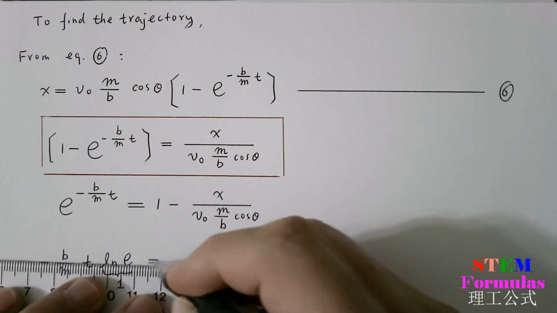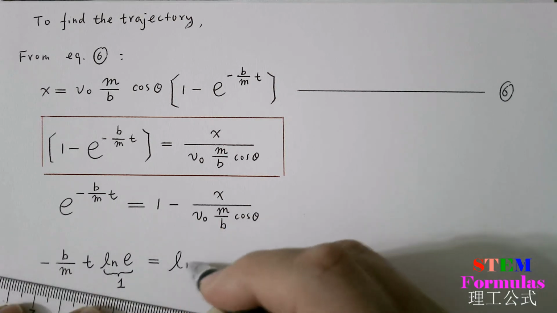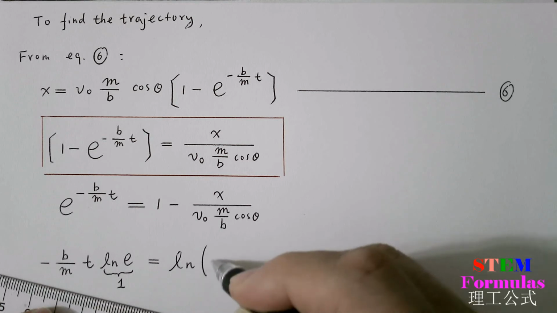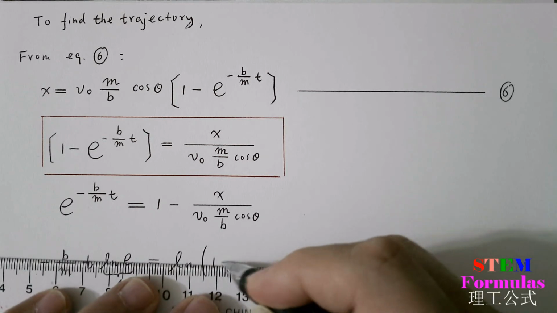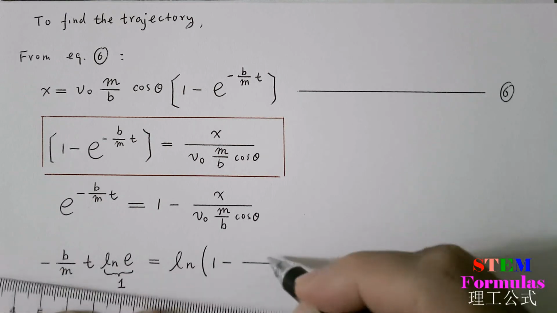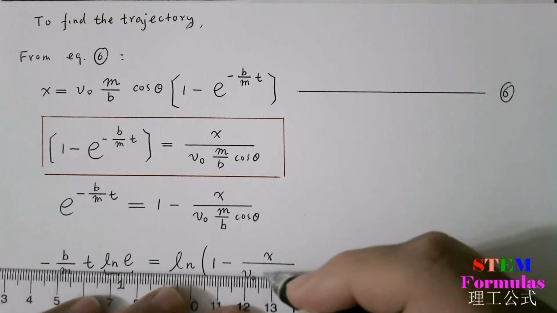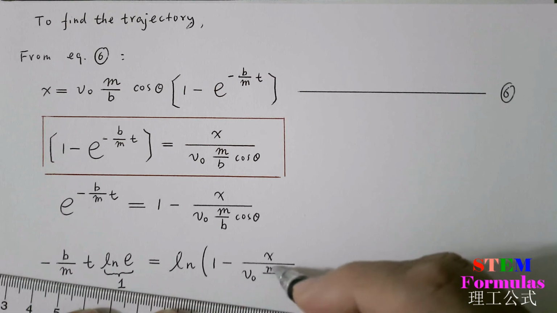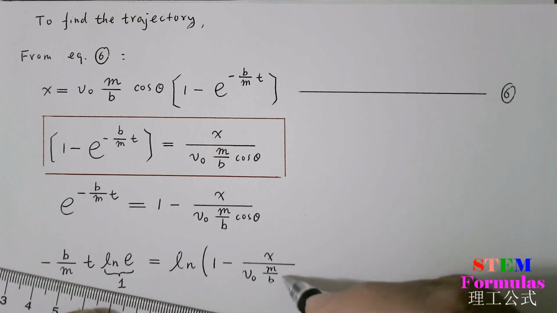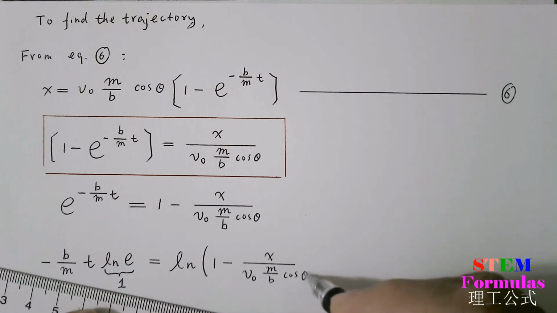And on the right side, we have log of 1 minus x divided by v0 times m divided by b times cosine theta.